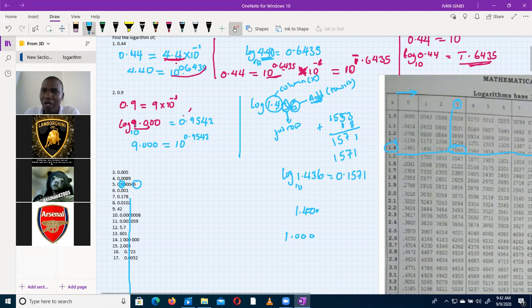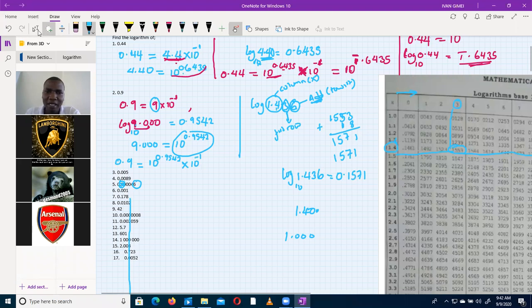So where we have 9, I'm removing it and putting the equivalent. My 0.9 is now 10 to the power of 0.9542 times 10 to the power negative 1.